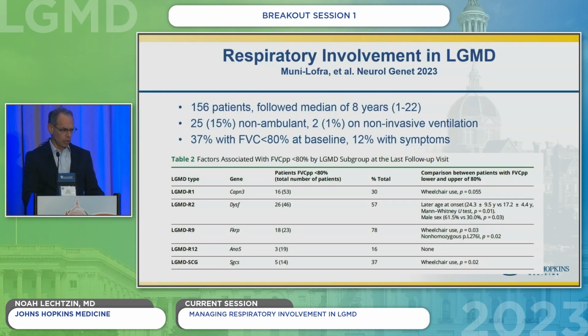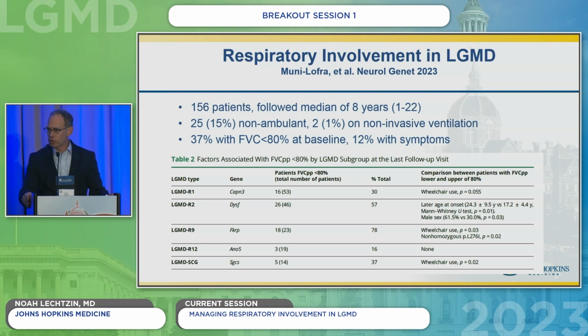I'm going to show a few slides of data and then talk more about what I do as a pulmonologist and what our various options are for treating the respiratory complications of limb-girdle muscular dystrophy. As you've heard over and over again this morning, genetic diagnoses, understanding the subtypes, and natural history studies are really important.